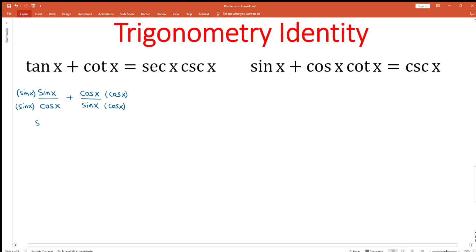I get sin square x over sin x cos x plus cos square x over sin x cos x.